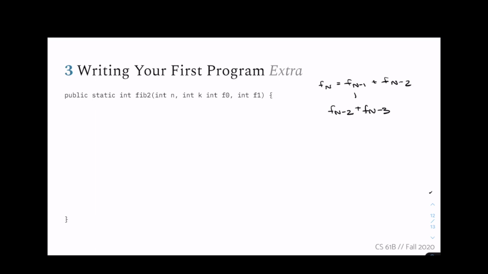So our goal is to do this a lot more efficiently. Now, we know that f n minus 2 plus f n minus 3 is equal to f n minus 1. But we also already have f n minus 2 for doing this. So why can't we just also return that? And that way we don't have to recalculate f n minus 2.